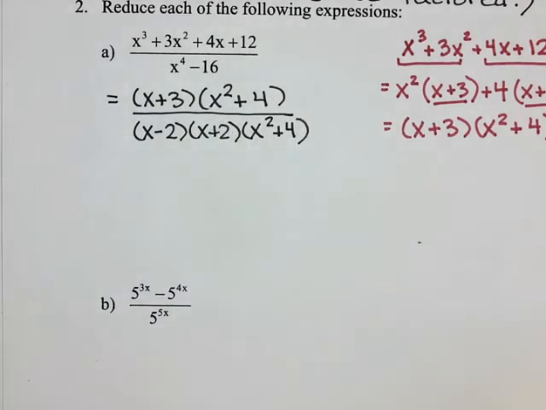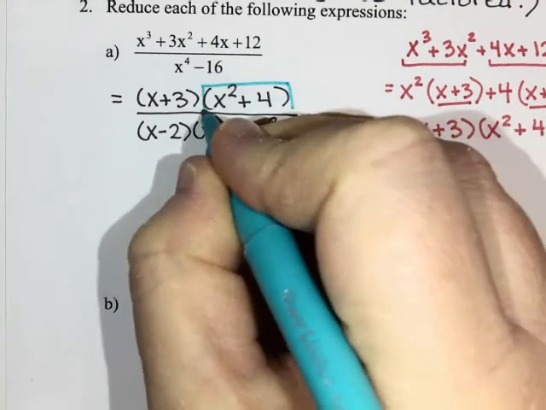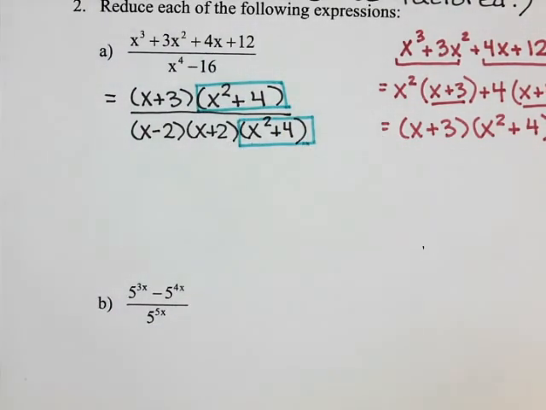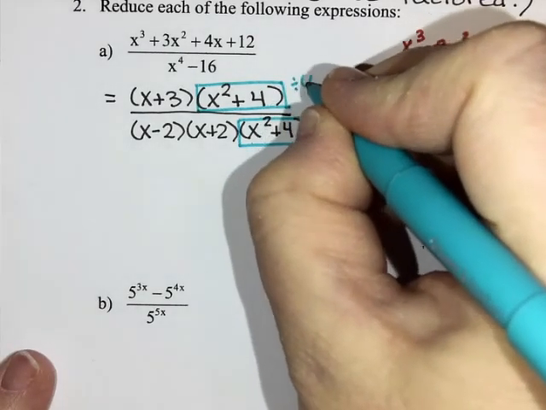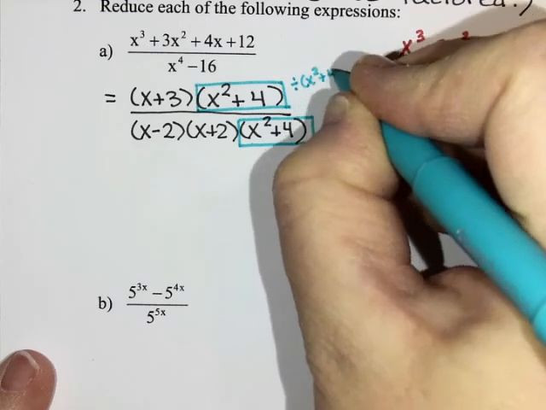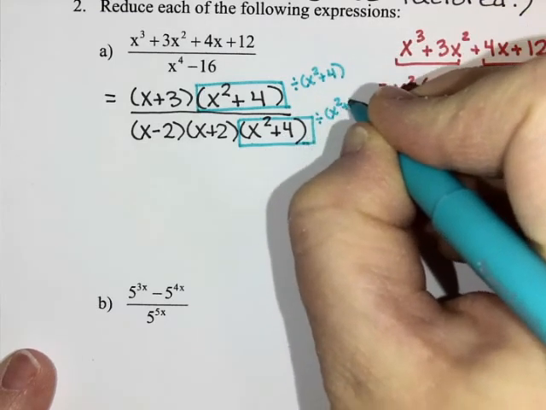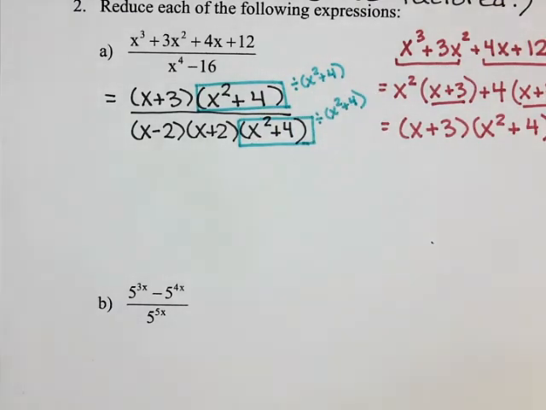And I see that there is an x squared plus 4 on the top, and there is an x squared plus 4 on the bottom. So I can divide the top and bottom by x squared plus 4, and they will cancel out. x squared plus 4 divided by x squared plus 4 is 1.